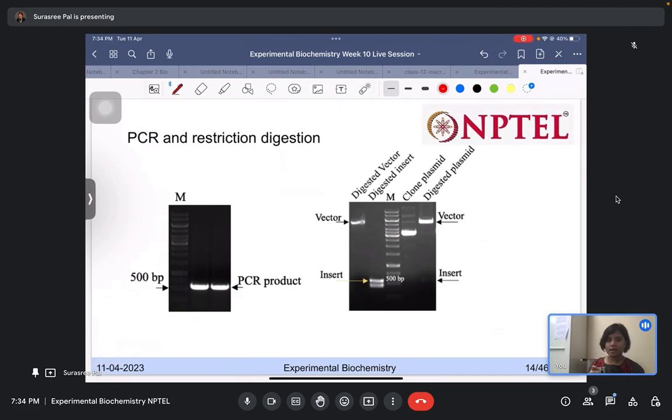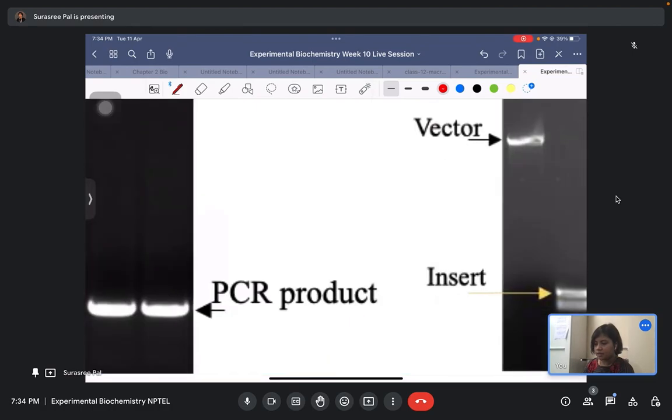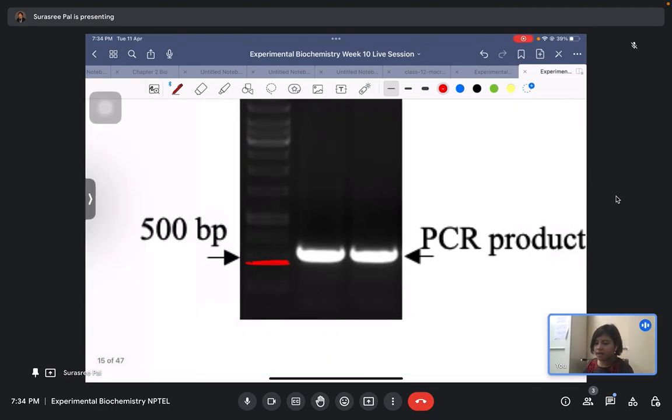And now these are some gel images. So this is a 1% agarose gel. This is the DNA ladder you can see here, right? Now the PCR product, I told you that it is 0.5 kilobases in length, which is 500 base pair. So it's faintly visible here. So this band is 250 base pair, and the upper band is 500 base pair.